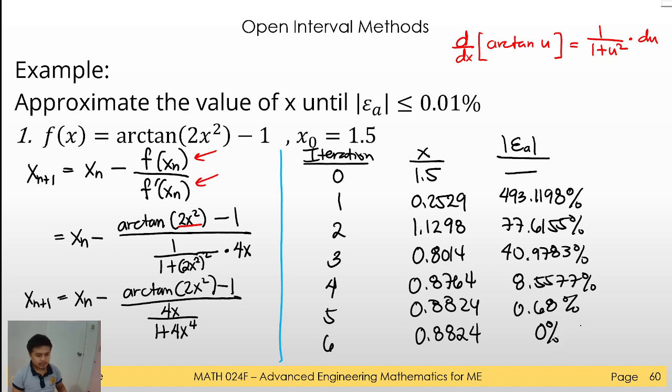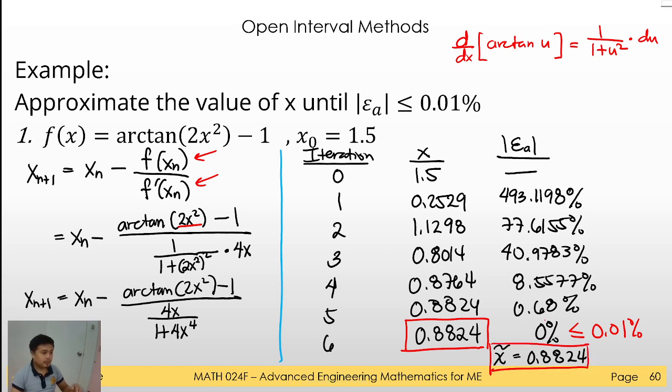Therefore, this is less than or equal to 0.01%, so the stopping criterion is met. Therefore, the final answer that we found is 0.8824. That will be all for the Newton-Raphson method. Thank you, guys.